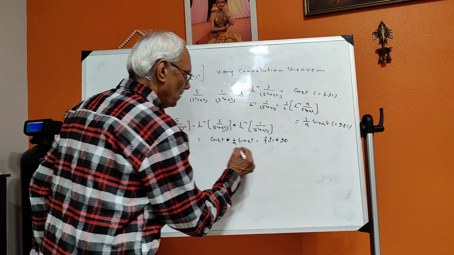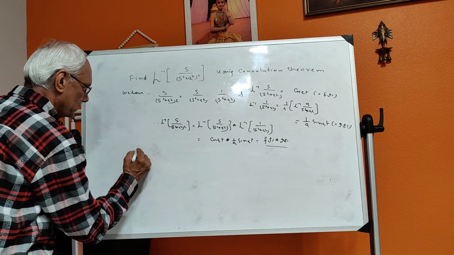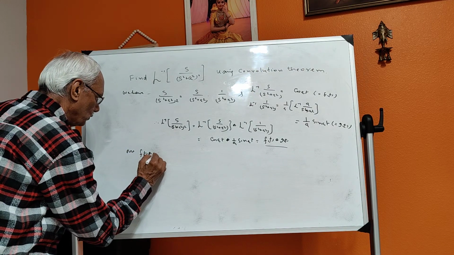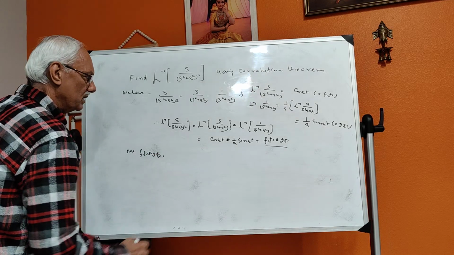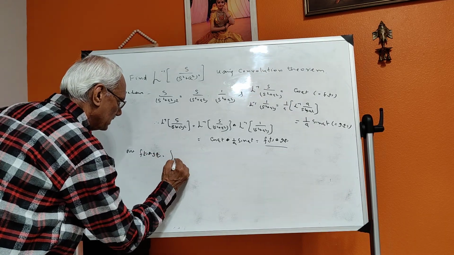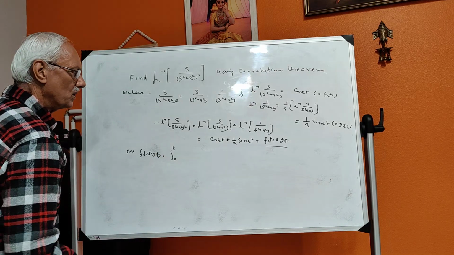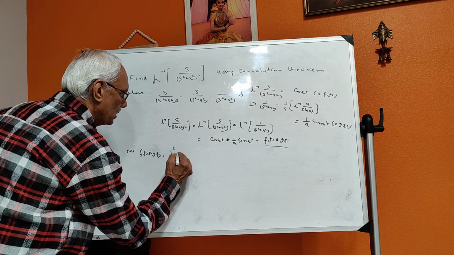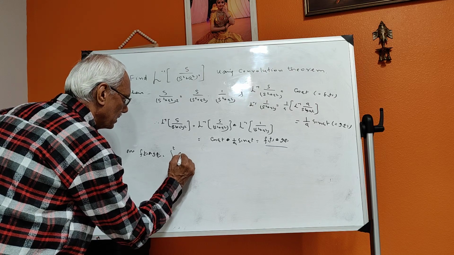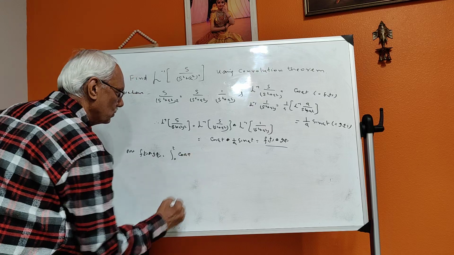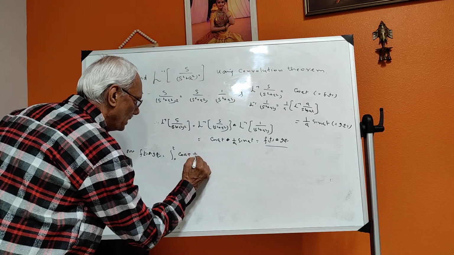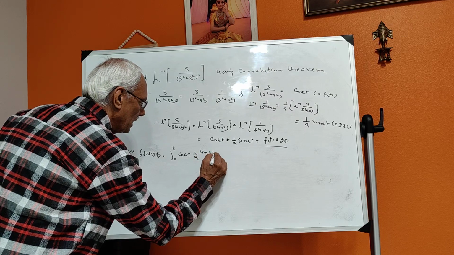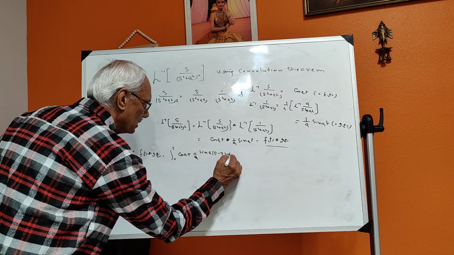Now we have to find what this is. Now we know that f of t convolution g of t is equal to the integral from 0 to t of cos a tau into 1 by a into sine of a(t minus tau) d tau.